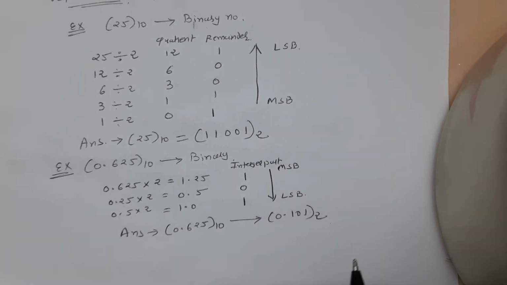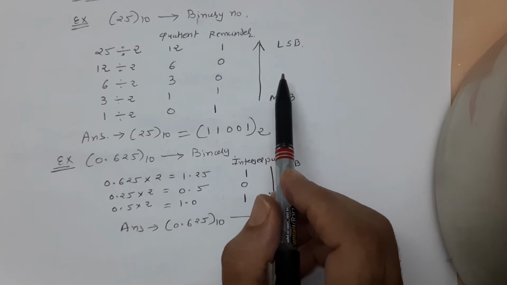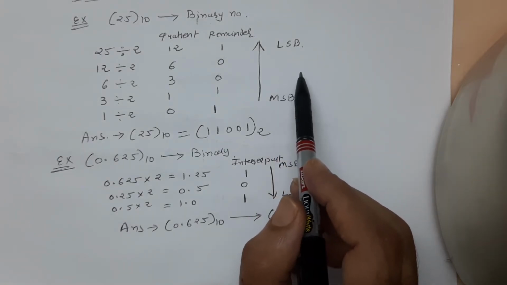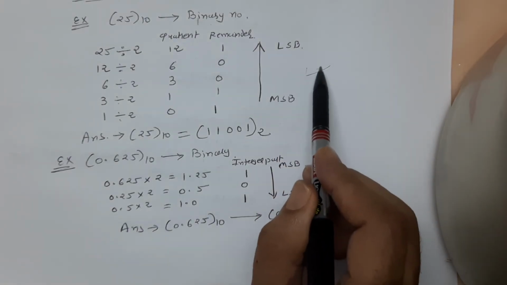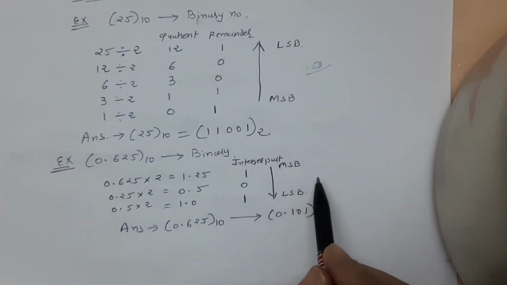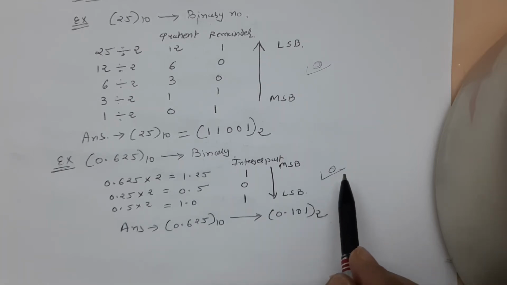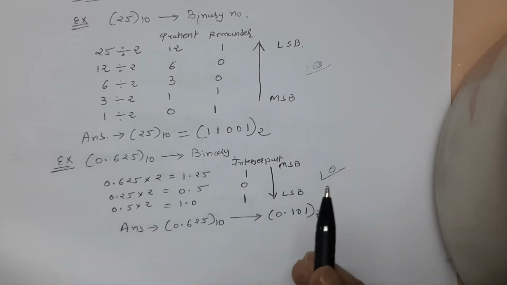So in this way, when we do division, we get the integer part. When we do multiplication, we get the fractional part. Now what if there are both?